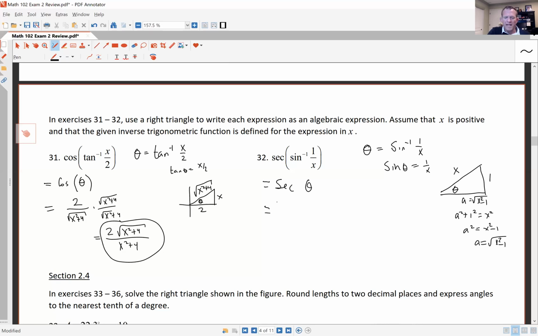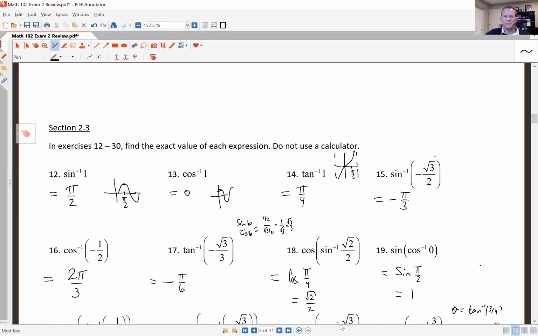So the secant of that angle is 1 over the cosine, and the cosine of that angle is square root x squared minus 1 over x. So it's going to be flipped, x over the square root of x squared minus 1. So we rationalize the denominator and get x square root x squared minus 1 divided by x squared minus 1. And this concludes the video for the review exercises for section 2.3.